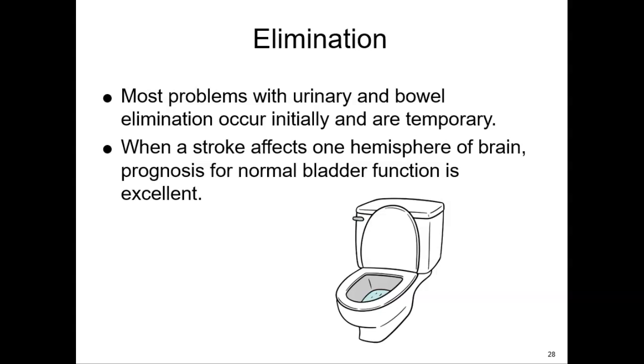As far as elimination, a person may have bowel and bladder elimination problems. Most are temporary. They may suffer from constipation. So, things that you might need to think about.